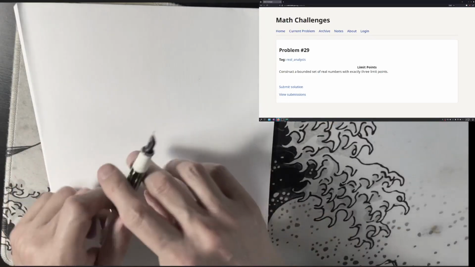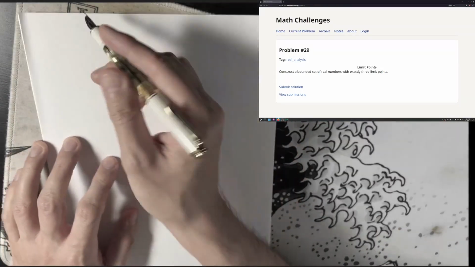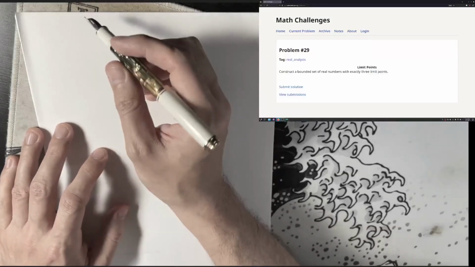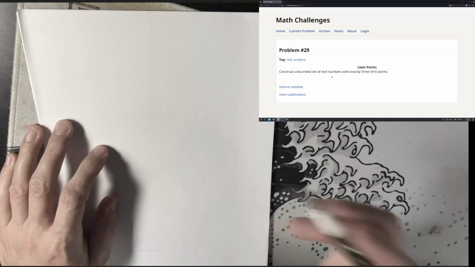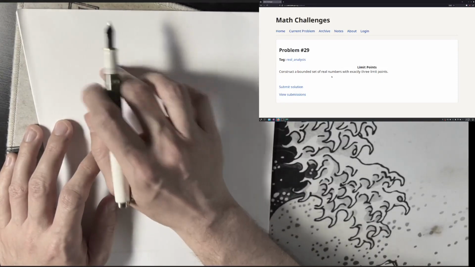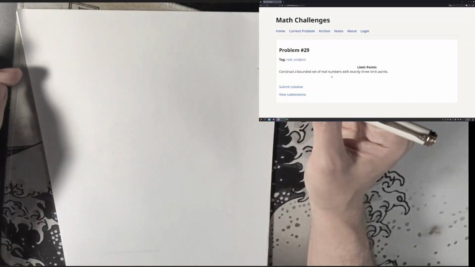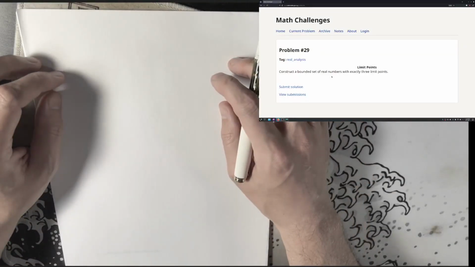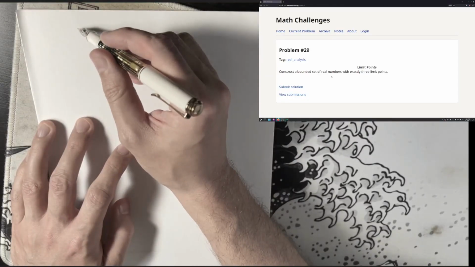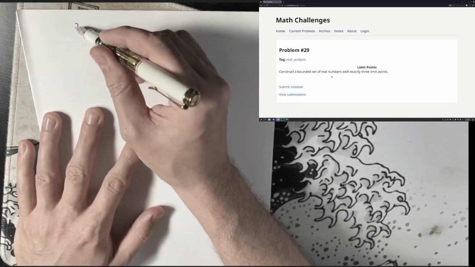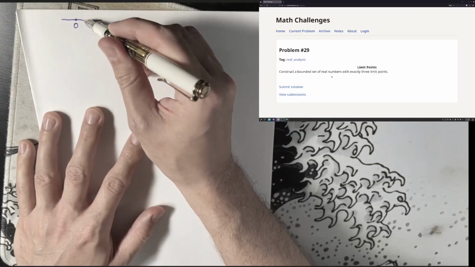This is actually a pretty straightforward one, thankfully. Sometimes I post problems based on whether I can do them. This one I know how to do, I think. Construct a bounded set of real numbers, on the real line, with exactly 3 limit points. What I always picture for a limit point is 0 being a limit point for a bunch of fractions.